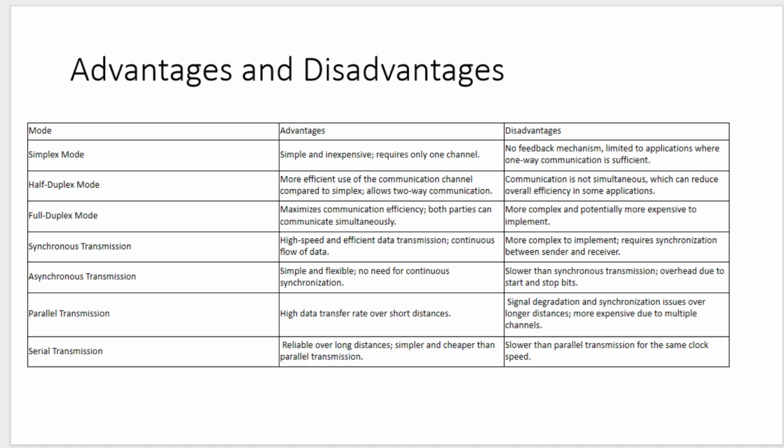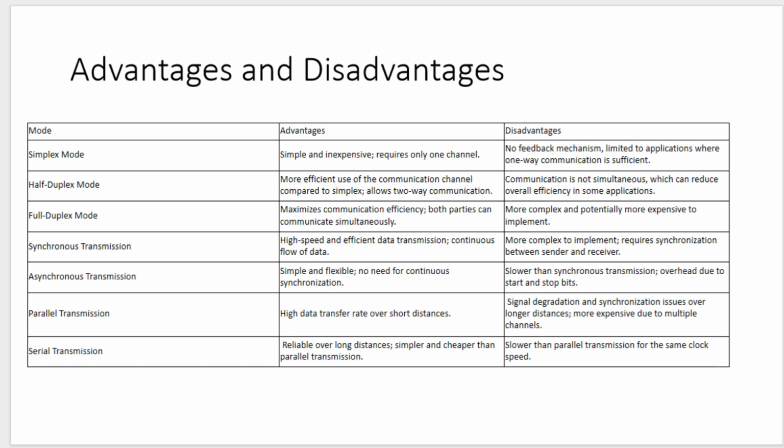And next is advantages and disadvantages. For simplex mode, the advantage is simple and inexpensive, requiring only one channel. The disadvantage is no feedback mechanism, limited to applications where one-way communication is sufficient. For half-duplex, the advantage is more efficient use of the communication channel compared to simplex, allowing two-way communication.